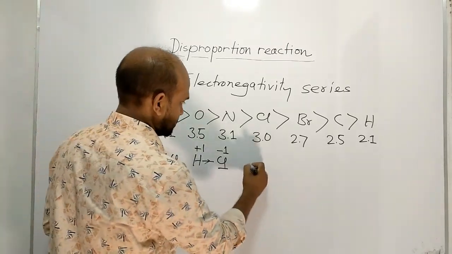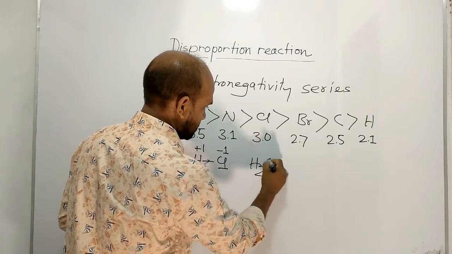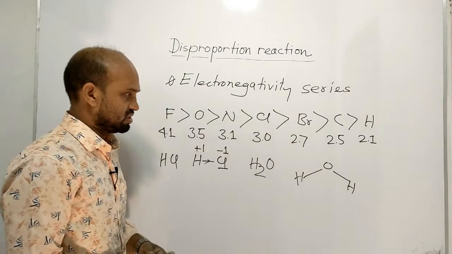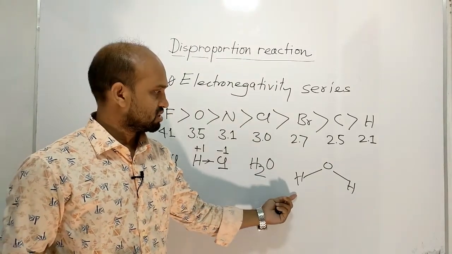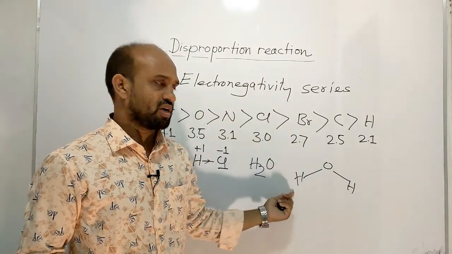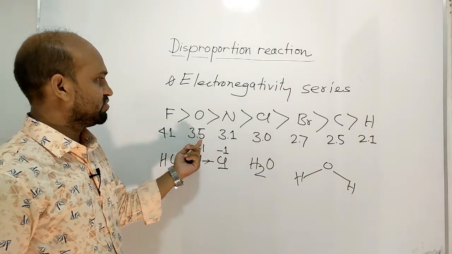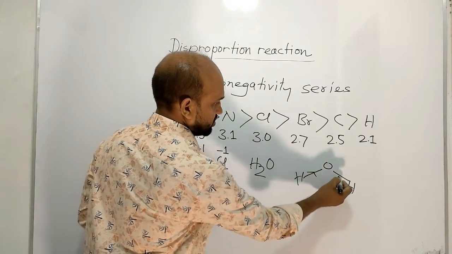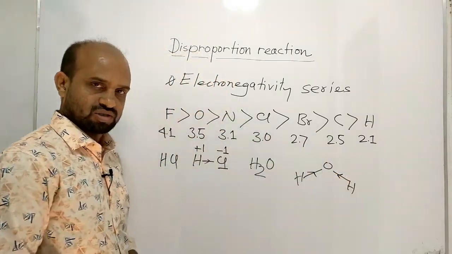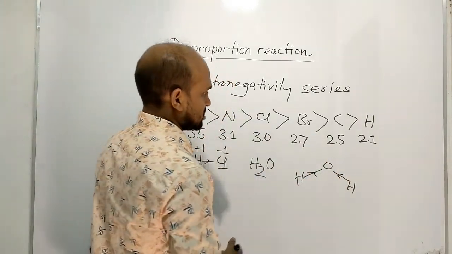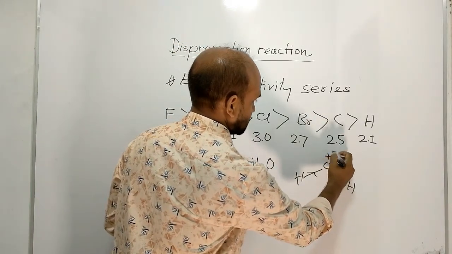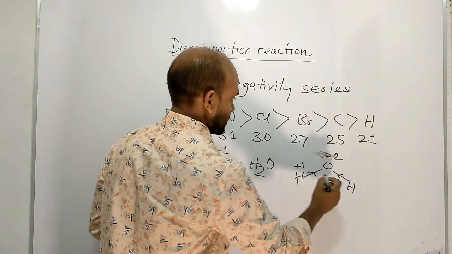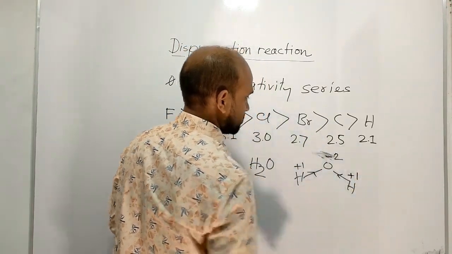Similarly, let's see water. Oxygen's electronegativity is much greater than hydrogen. Oxygen 3.5, hydrogen 2.1. So electrons will shift towards oxygen. That is why oxygen's oxidation number is -2, this hydrogen +1, this hydrogen +1.